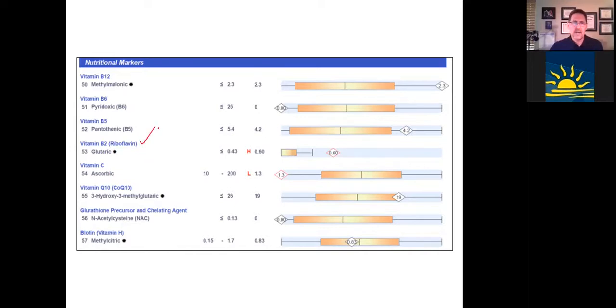And we need riboflavin as a cofactor in that function. So it's quite possible that when people have a lot of Candida, a lot of yeast issues, they may be building up acetaldehyde within the system, and it's requiring a lot of B vitamins, specifically B2, in order to convert it into a reduced toxic form, if you will.